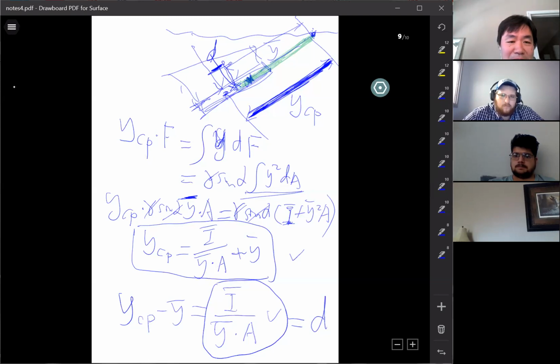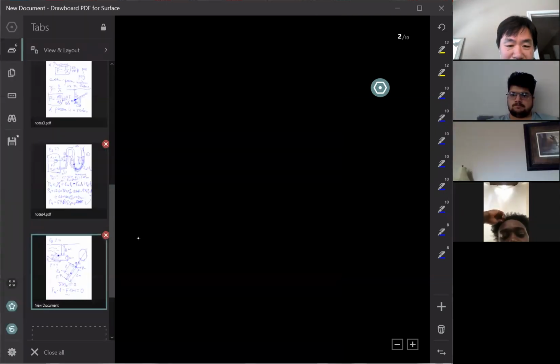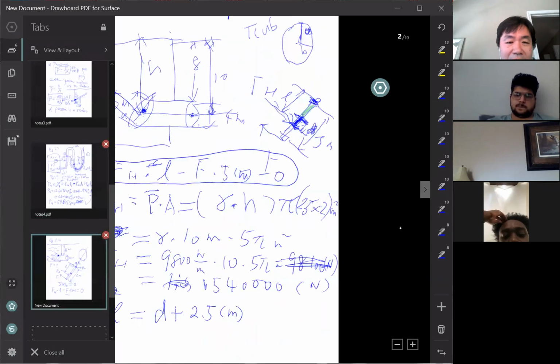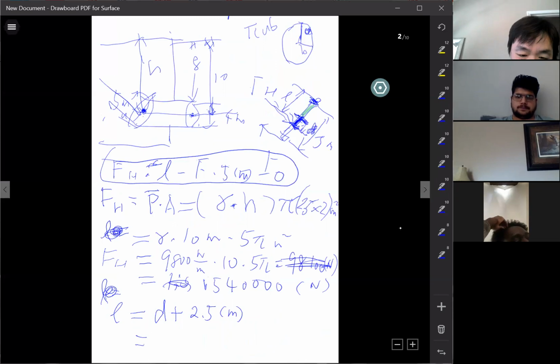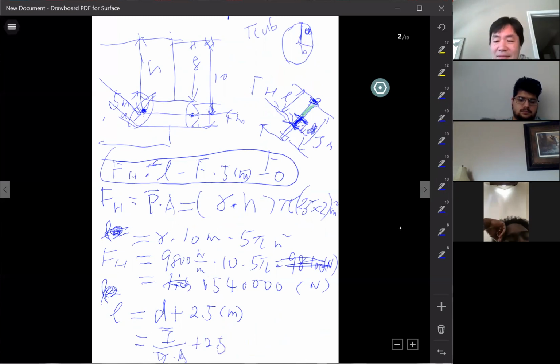Let me memorize it and put it back to my paper. So this is my D: I bar divided by Y bar times area, plus 2.5.